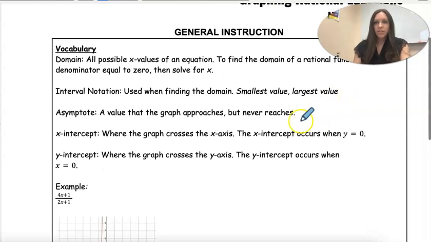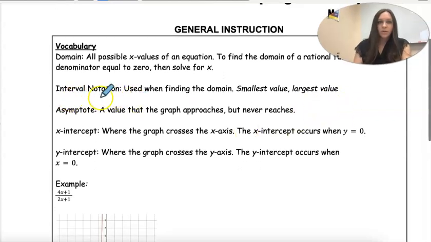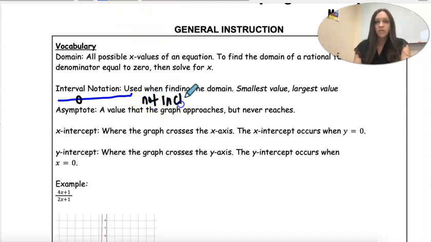And I didn't put this in here, but I want you to think of a number line, like when we had it in middle school. If we had an open dot, that means not included. So when something is not included, using interval notation, we use parentheses.